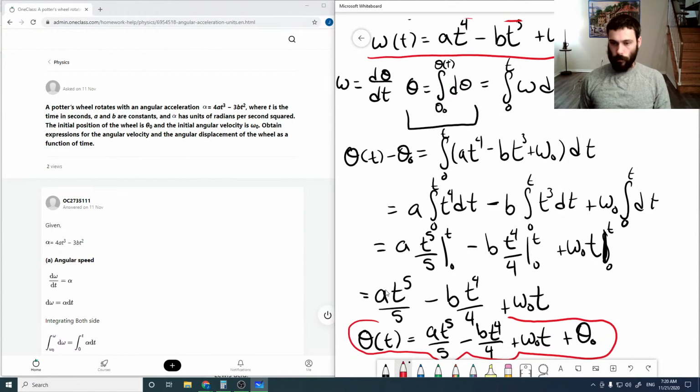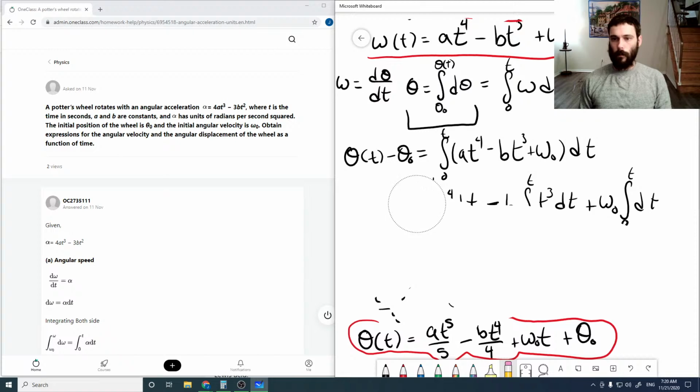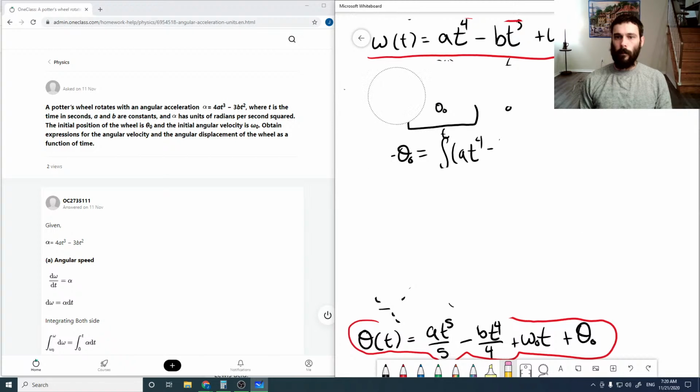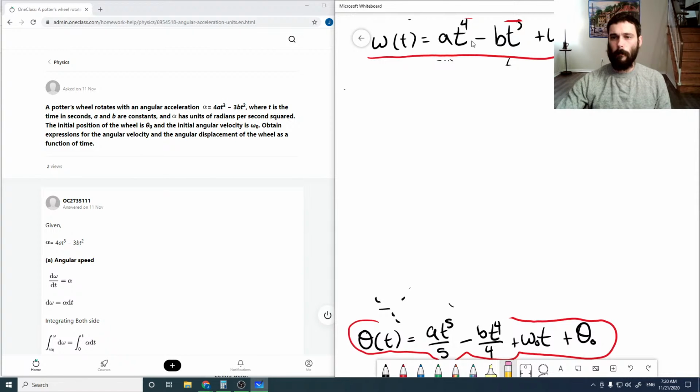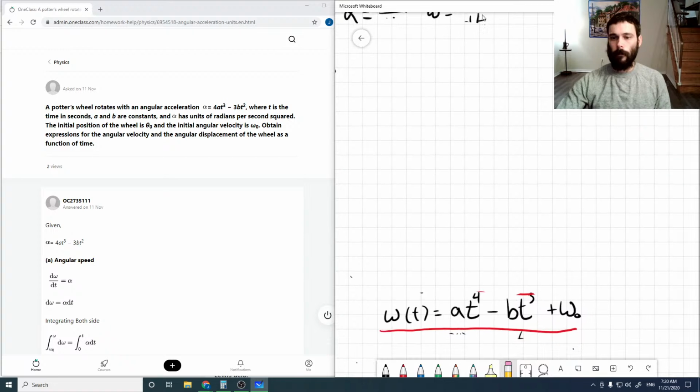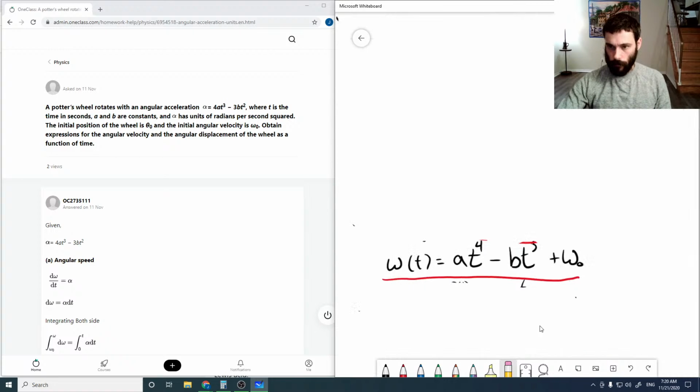And I'm actually just going to erase much of this. And see if I can't grab, nope, failed. So that's our omega t expression.